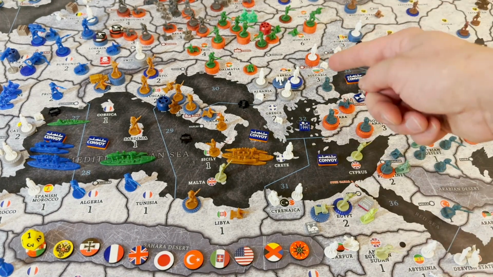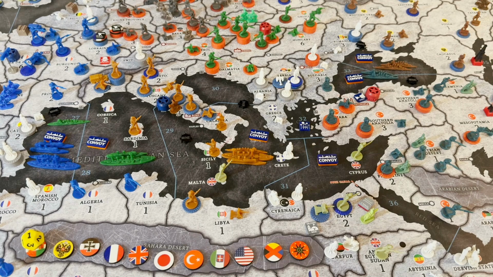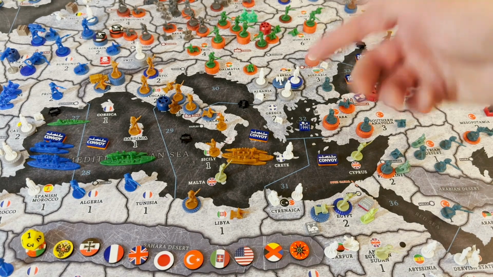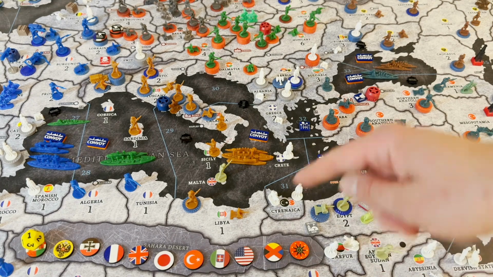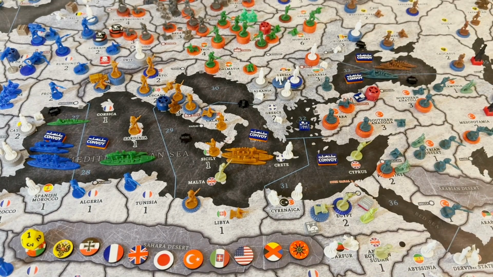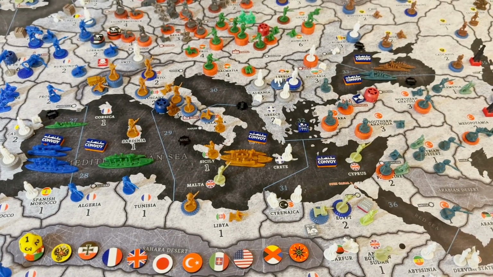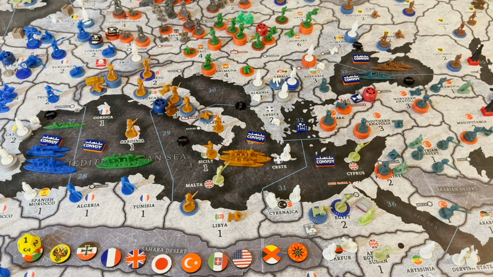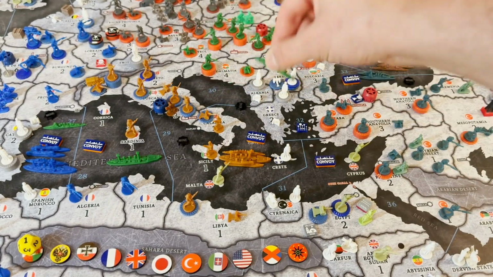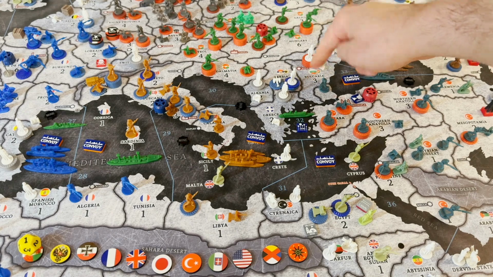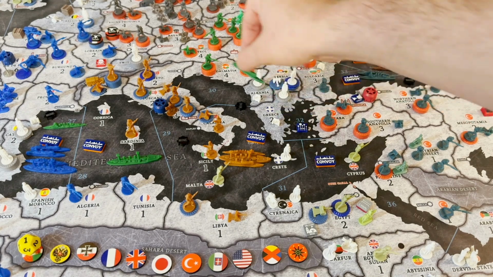If they already controlled it, they would be able to move in there if the Ottoman Empire was neutral. But alas, they have to control a territory at the start of their turn in order to end their sea movement in that sea zone, right? So they cannot use this transport on the first round to pick up guys, go 1-2, and drop them off in Bulgaria. They can't do that.